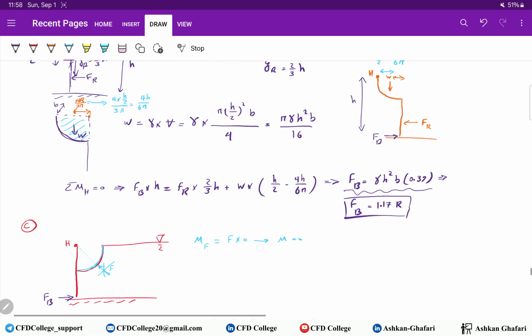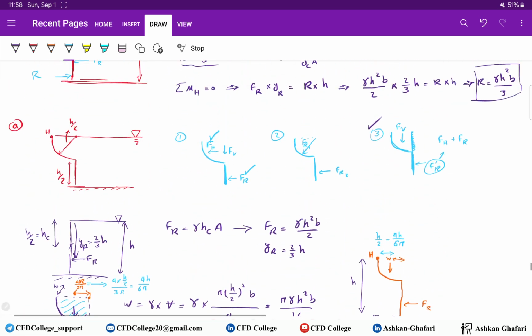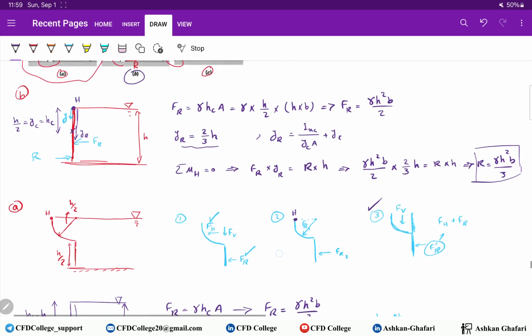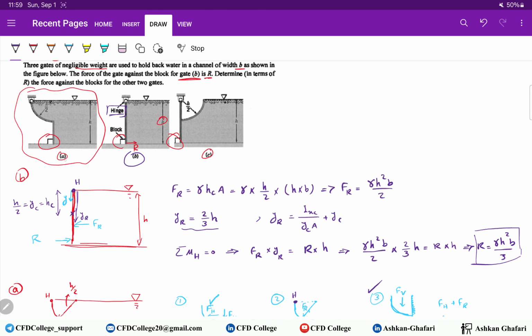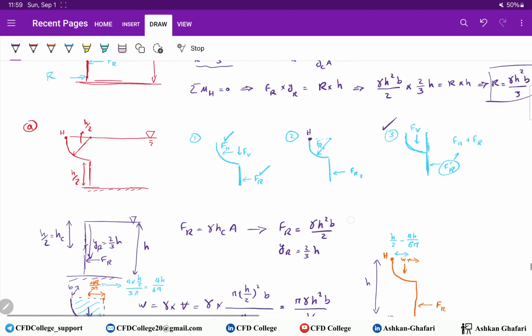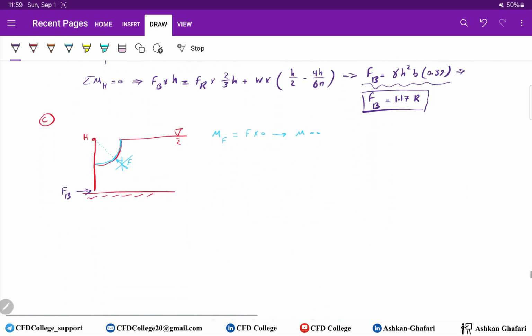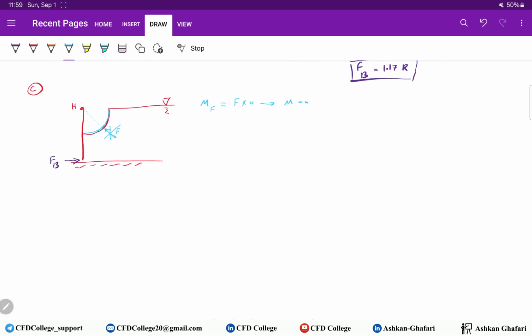If you see here, I told you that this force passes through the circle's center, but in this case the hinge was here, and this force creates a moment over the hinge. This is why in gate A we should consider this force, and in gate C we don't need to consider this force.